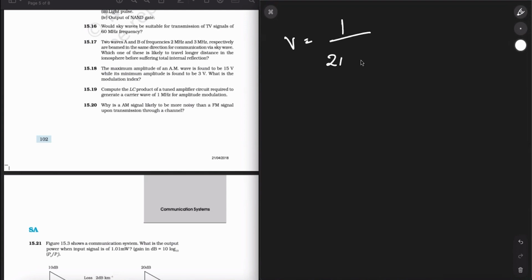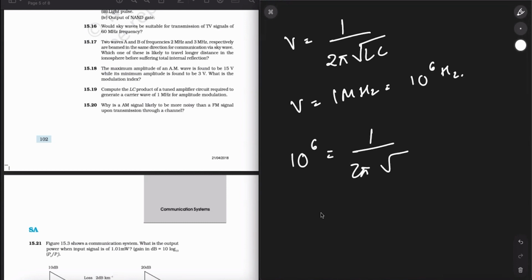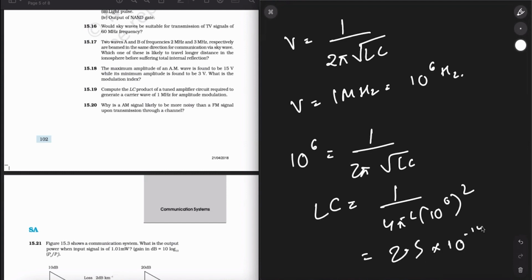As per the question, it is 1 megahertz, which can be written as 10 to the power of 6 hertz. So 10 to the power of 6 is equal to 1 upon 2 pi root LC. Now LC will be equal to 1 upon 4 pi square times 10 to the power of 6 square. So 1 upon 4 pi square times 10 to the power of 12 gives 2.5 into 10 to the power of minus 14 seconds squared.